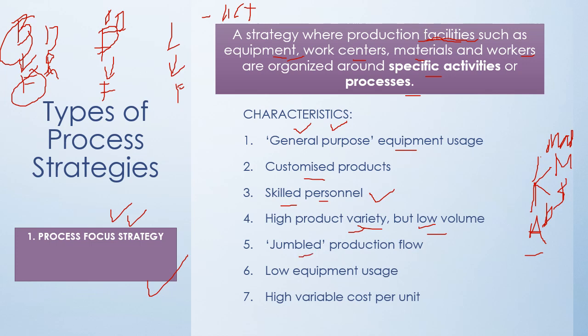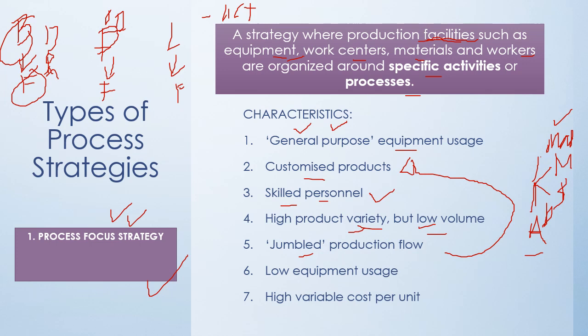Jumble production flow. Jumble here means not according to sequence. That is jumble. Okay, maksudnya proses flow dalam company ni akan jadi tidak teratur. Because why? Because it depends on customers' order, because the company only produce customized product. Okay, for example, customer A comes want to print newsletter.